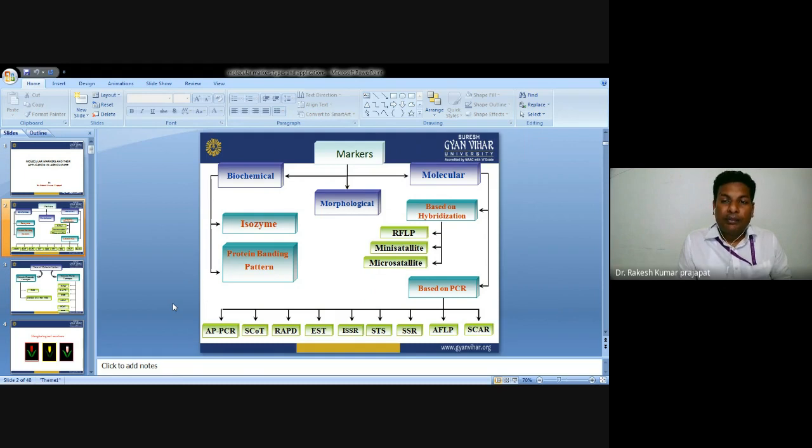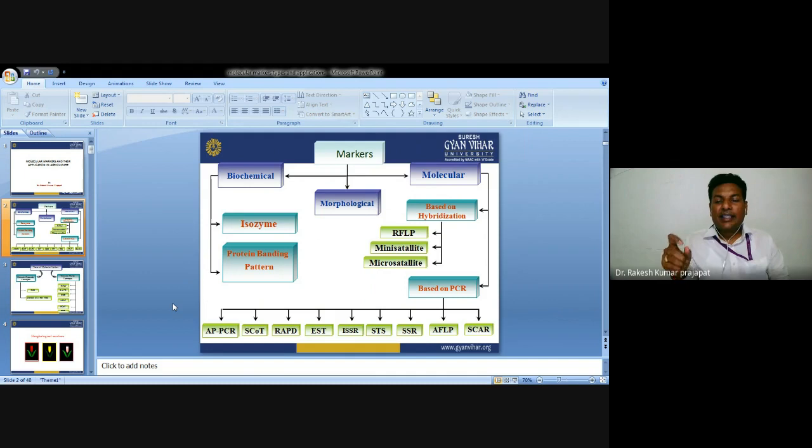We can classify them based on hybridization and based on the recent technique, that is PCR, polymerase chain reaction. Based on hybridization means hybridizing a particular DNA probe sequence to the length of the DNA based on sequence complementarity. This is the basic principle of hybridization for these three molecular markers: RFLP, minisatellite, and microsatellite.